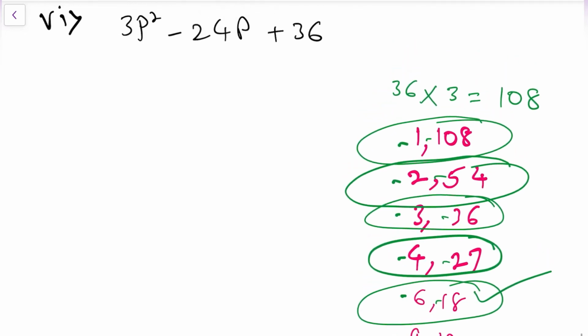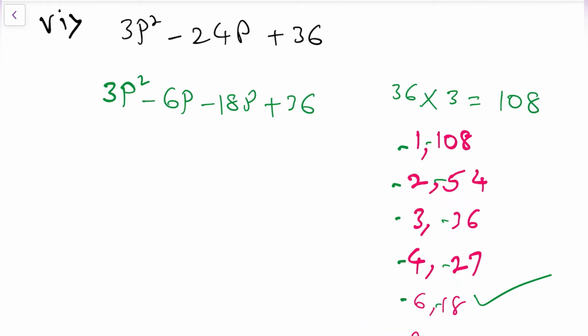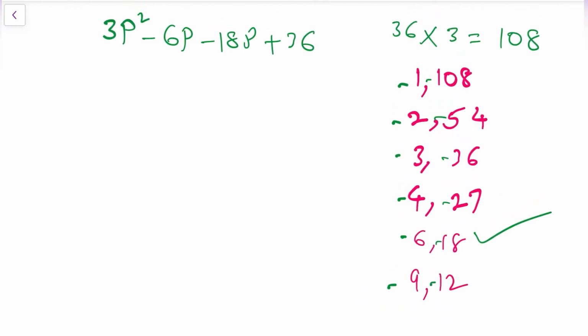First term 3p square as it is. In the place of minus 24p, we need to substitute minus 6p minus 18p plus 36. Now, if we observe the first term as well as second term, from first and second terms, we can take out 3 common as well as p also common, 3p common.